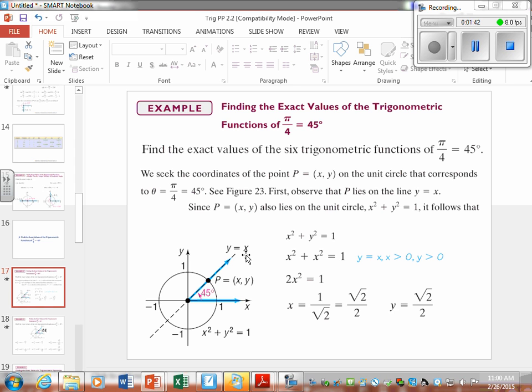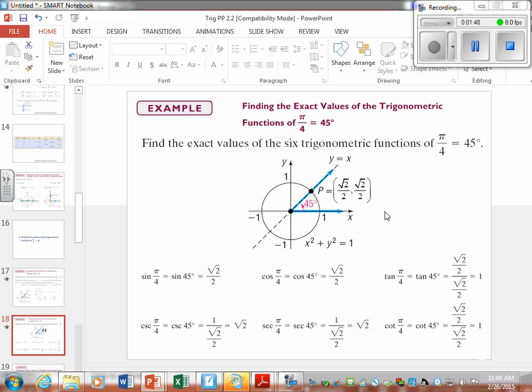If x is square root of 2 over 2, then y is square root of 2 over 2. So when I later give you your unit circle and we say 45 degrees, the point associated with that is square root of 2 over 2, comma, square root of 2 over 2. That's exactly where these values came from.